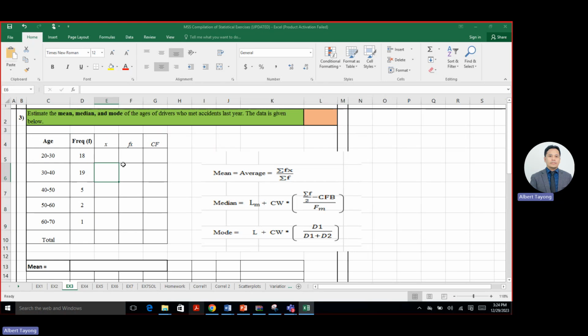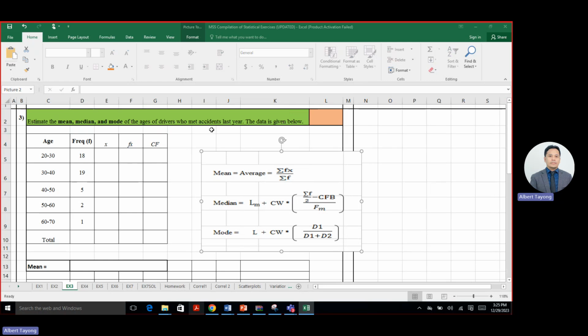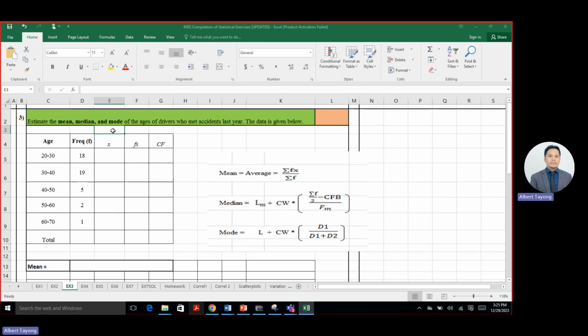Now, to identify the group mean, median, and mode, we have to complete these remaining columns: the X, the FX, and the CF. Now, the X is actually called the midpoint, or the mid interval.